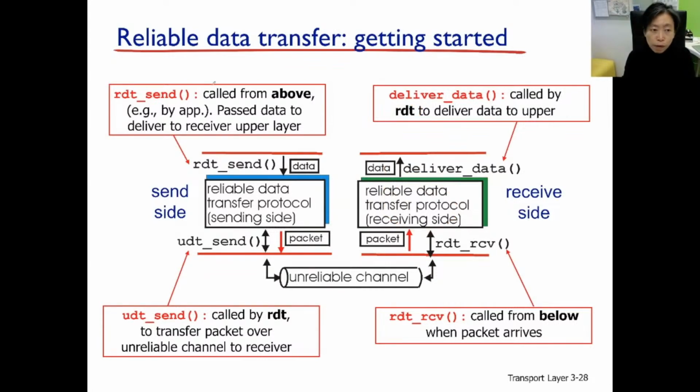So there are four function calls to refer to actions. First, coming from the sending process to the sending RDT. Second, from the sending RDT to the unreliable channel. Third, from the network layer to the receiving RDT. And the fourth, from the receiving RDT back up to the receiving process.